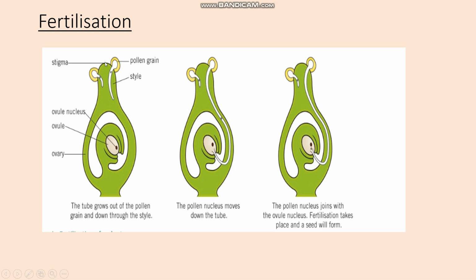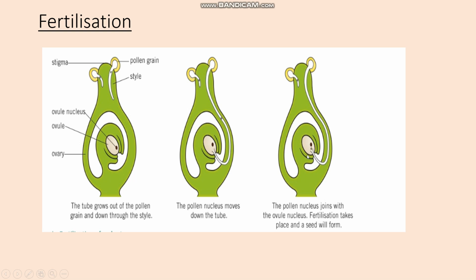Now, as soon as it lands on there, it then starts to grow what we call a pollen tube. And that pollen tube gets longer and longer and longer until it reaches an ovule in the ovary, the ovule being the female sex cell. Now, just like in animals, in order for fertilisation to occur, it's the nucleus of that sex cell which joins with the nucleus of the female sex cell.